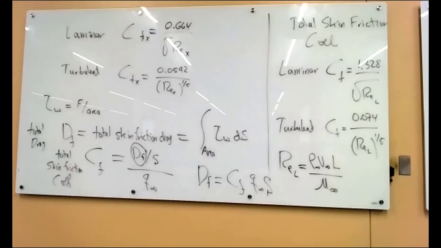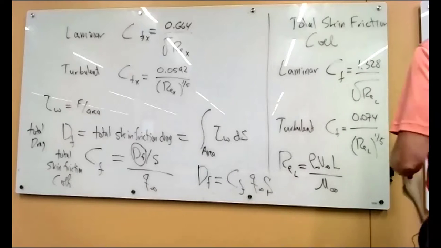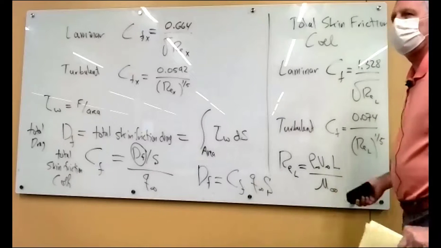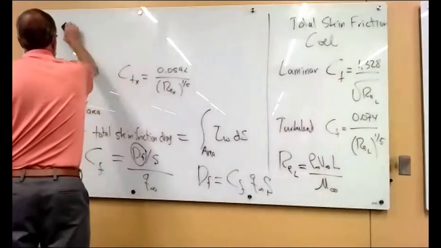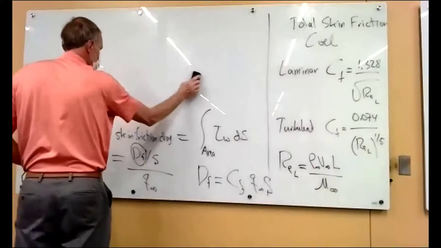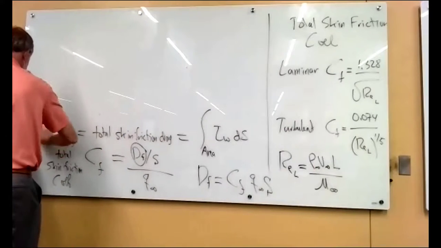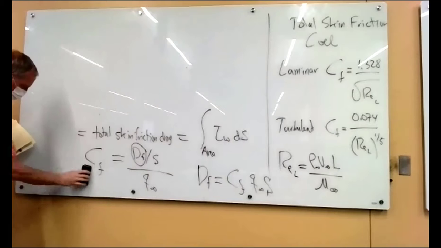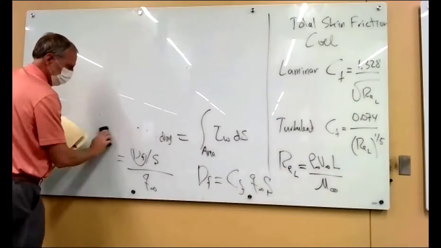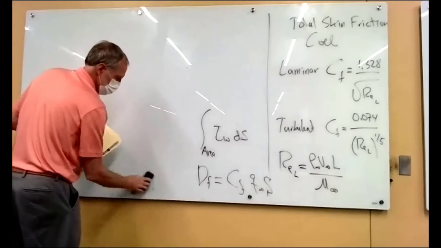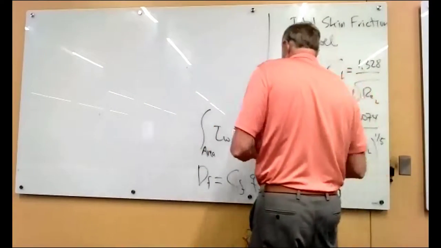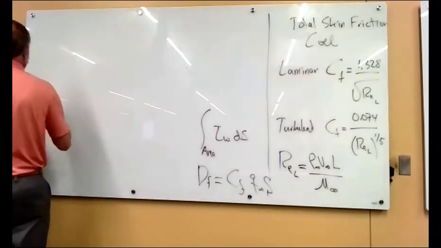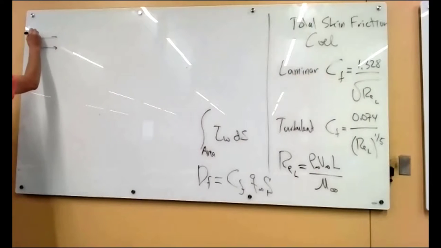All right, so we've been talking about two different kinds of flow, laminar and turbulent. So the question might be, well, where do you see these two different kinds of flow? It turns out that on a flat plate or an airfoil, you get both. So let's look at the flow going over our flat plate again.